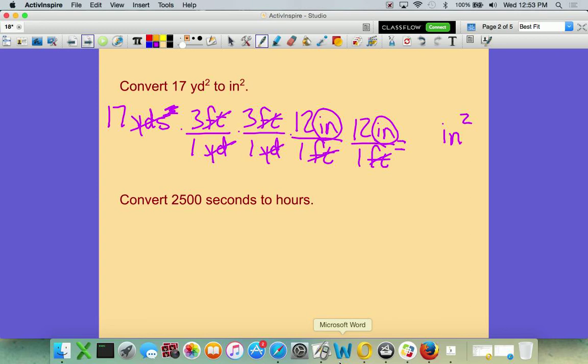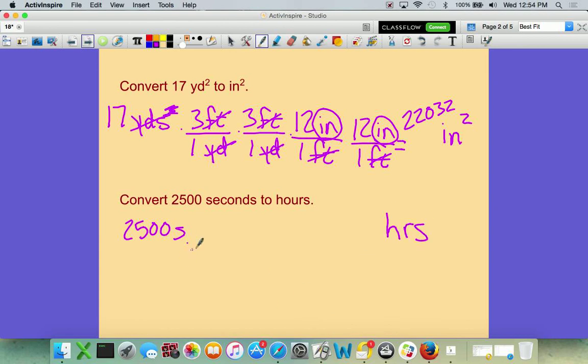Not always are the numbers going to be on the top like it has been for these last few. It may go down to the bottom. But once you get to this point, you just multiply things together and you get an answer of 22,032 inches squared.